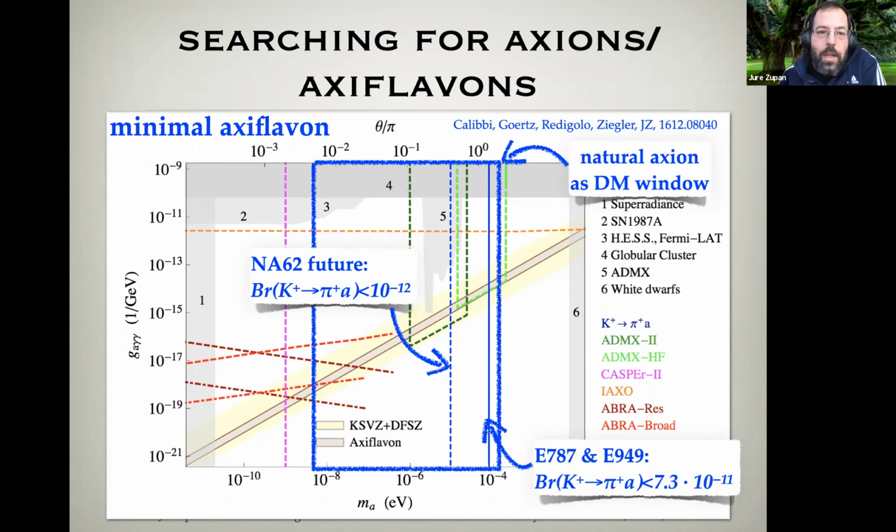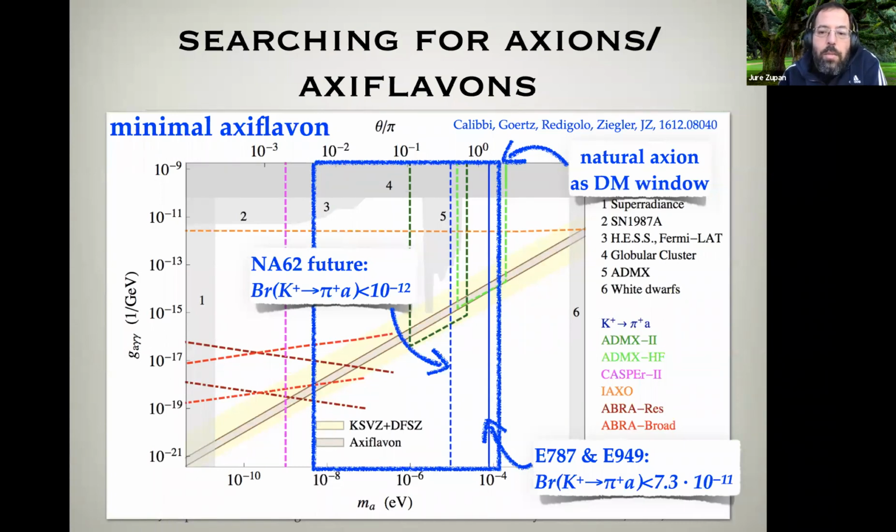This is just a bound on f_a, so it's really just a bound on m_a. Bigger f_a means smaller masses, so everything to the right is excluded in this case, and it's coming from these old bounds on the K plus to pi plus a search, while the projection for NA62 is this dashed line.